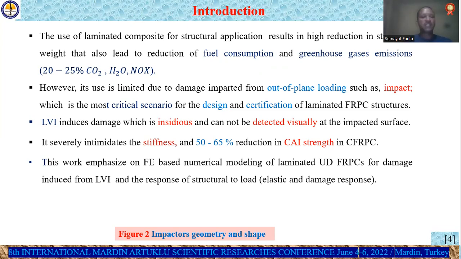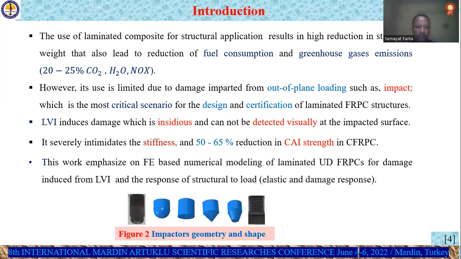Therefore, the structure can be severely damaged without showing any visible damage, and this damage is known as barely visible impact damage. So this work emphasizes the finite element-based numerical modeling of laminated UD fiber reinforced polymer composite for the damage induced from low velocity impact and the response of the structure to the load. The response may be elastic or it can be a damage response.